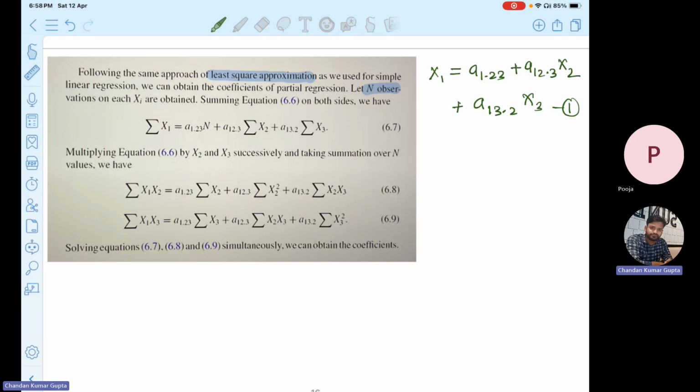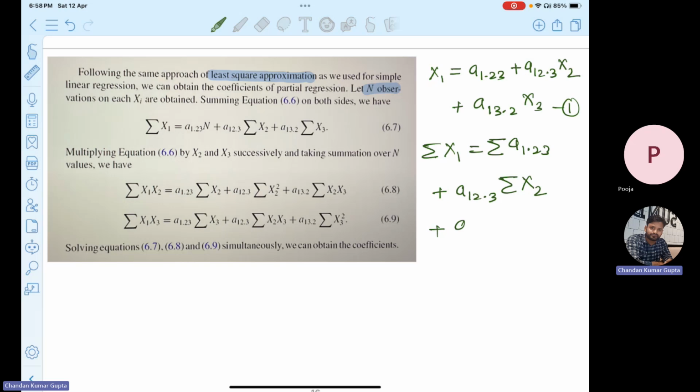Just take the summation on equation 1. So summation x1 equals summation a1.23, plus a12.3 x2. Since a12.3 is a constant, it is a12.3 times the summation over x2.